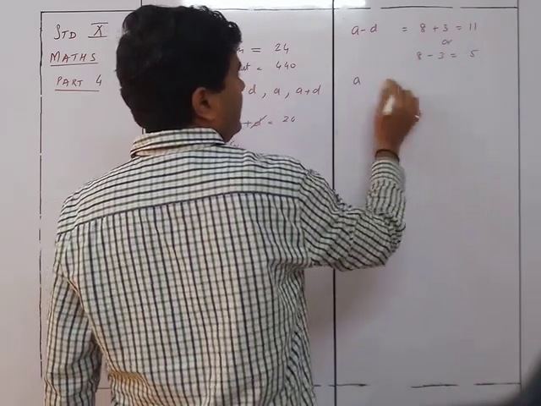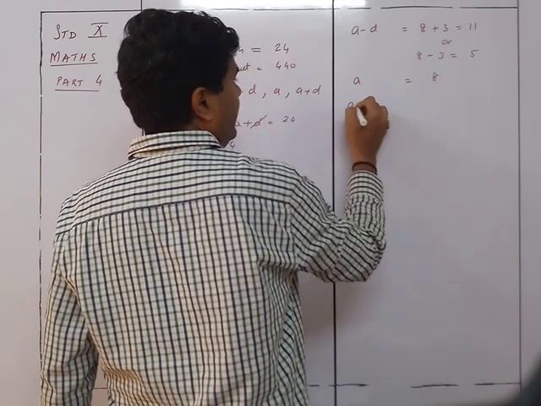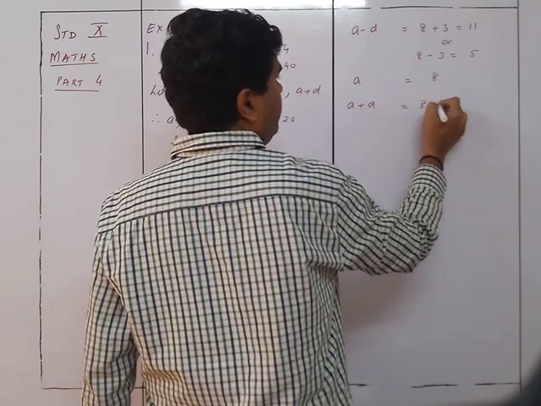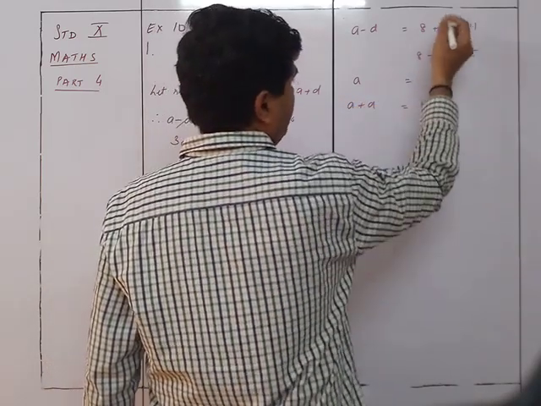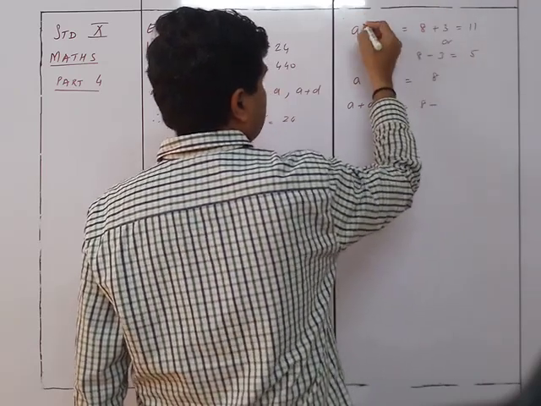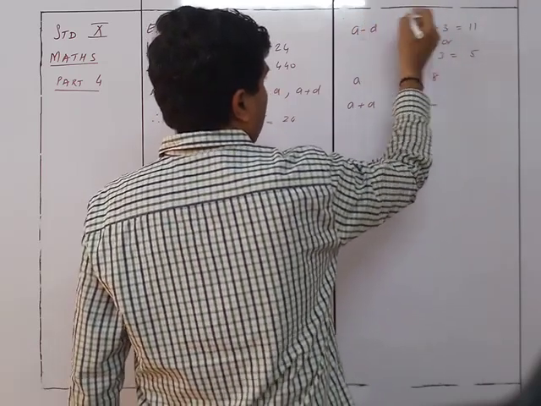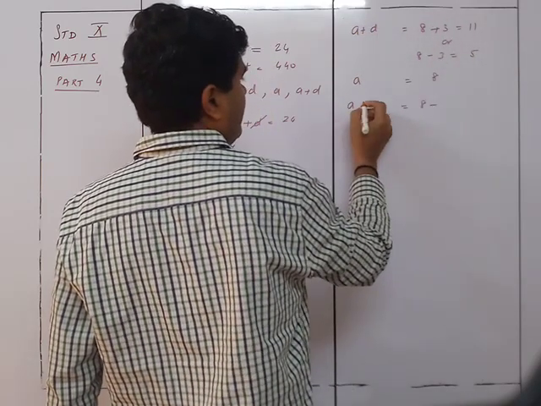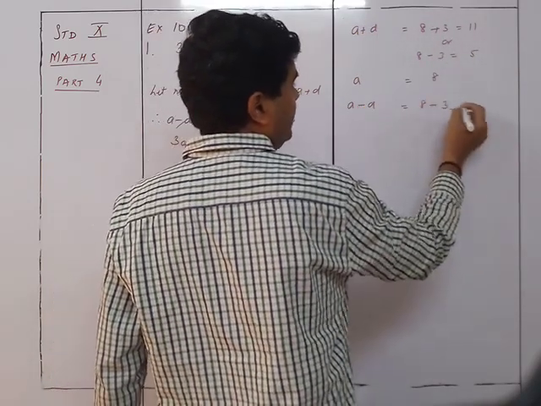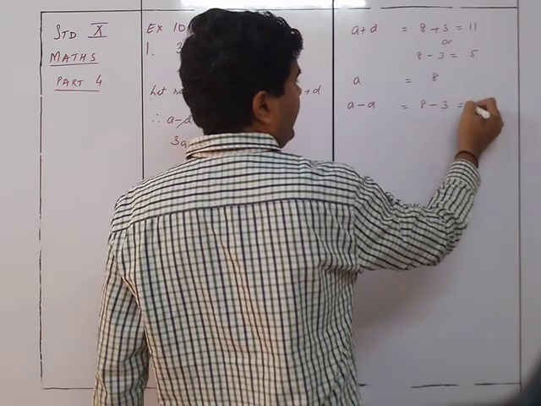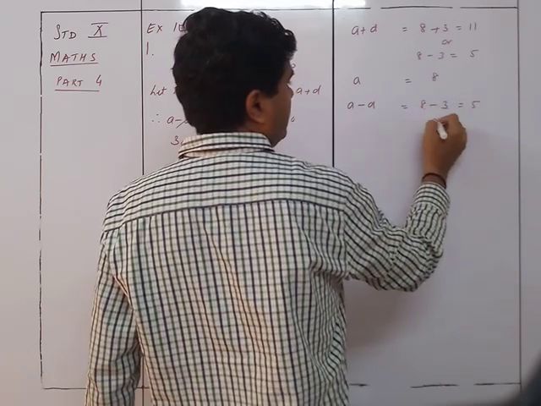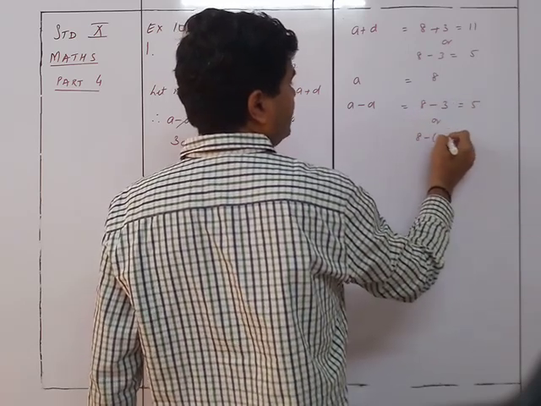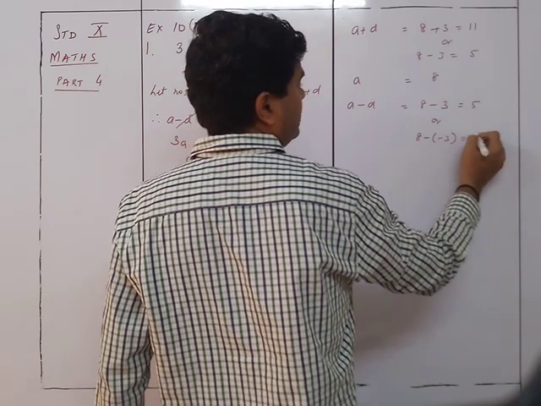So 8 minus 3 is equal to 5, or 8 plus 3 is equal to 11.